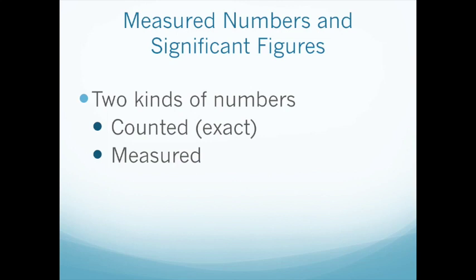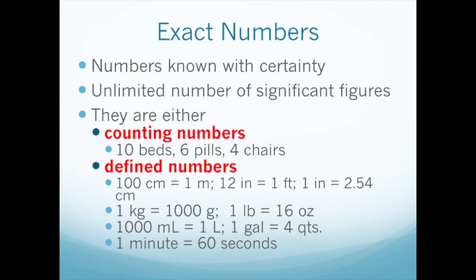When you measure numbers, there will be significant figures involved. And when you measure numbers, there are 2 types of numbers that you measure. There are counted numbers, which are exact, and there are measured numbers, which have some error associated with them. Exact numbers are known with certainty.